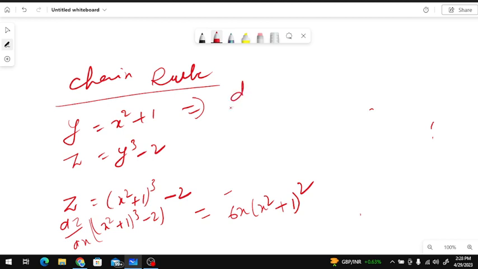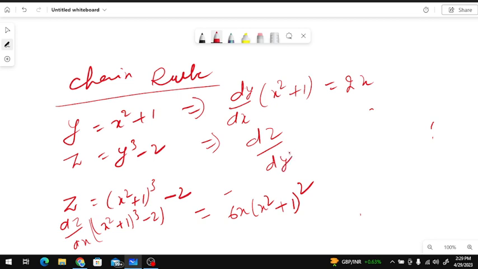So dy by dx of x squared plus 1 is 2x, and similarly dz by dy of y cubed minus 2 is 3y squared.